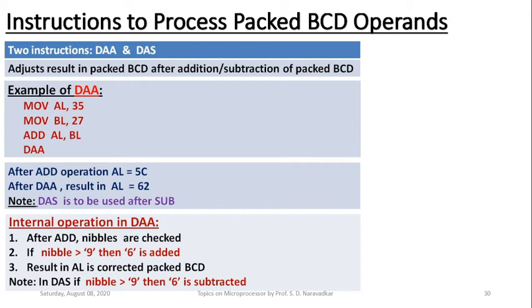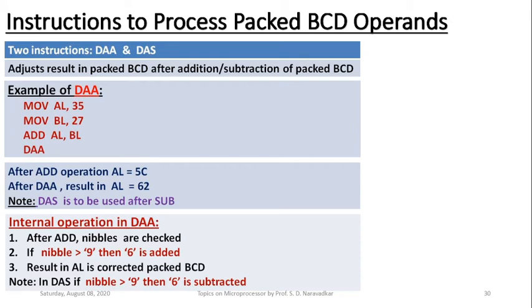And after addition of C and 6, the lower nibble's result will be adjusted with one carry forwarded to the upper nibble. This carry forwarded to the upper nibble will be added to 5, so 6. So the ultimate result will become 62 here. And that is my step number 3 here.